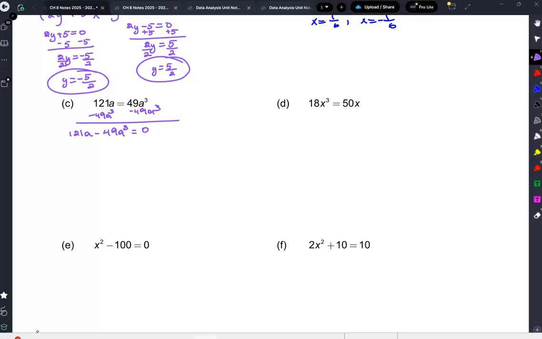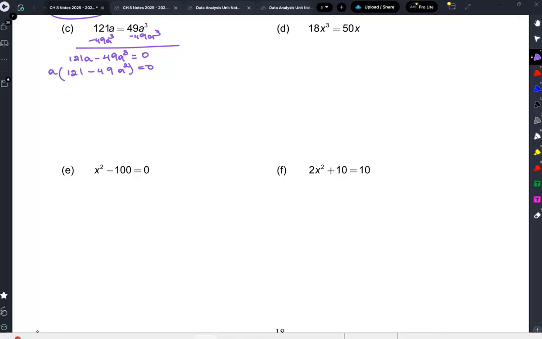Okay, the 121 is a perfect square, but not the a. So what's going on here? What do we do? No, we already moved it here. We can't move it back to the other side. You take out an a. There is a GCF that needs to be factored. So 121 minus 49a squared is equal to 0.